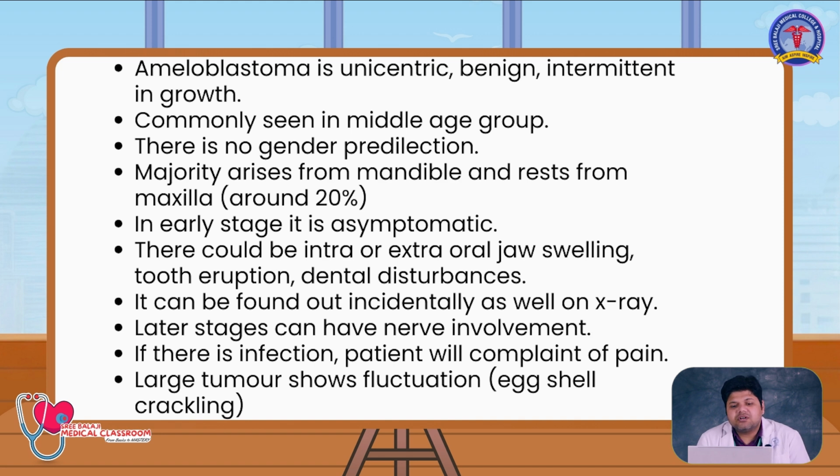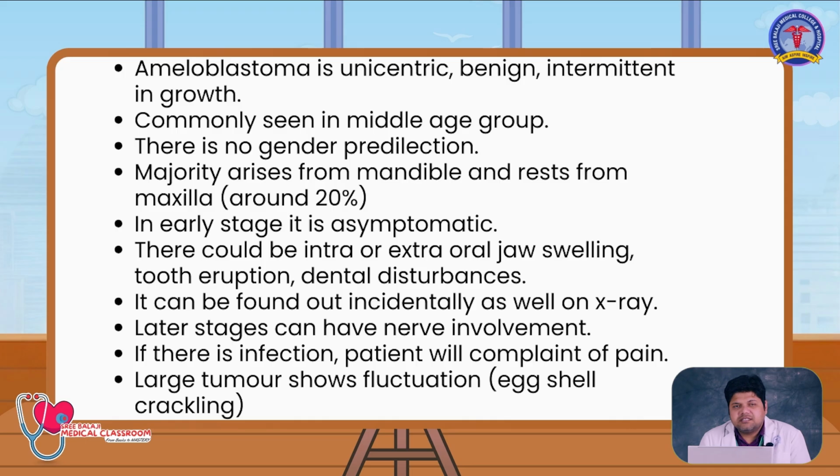The clinical features of ameloblastoma have been defined by Robinson as usually unicentric, non-functional, intermittent in growth, anatomically benign and clinically persistent tumor. Age is around 20 to 40 years, and there is no sex predilection. The main site is mandible, 80%, and maxilla 20%, and in 75% in the molar and ramal region.